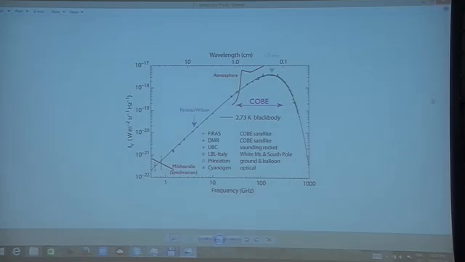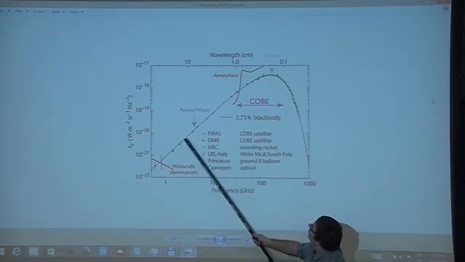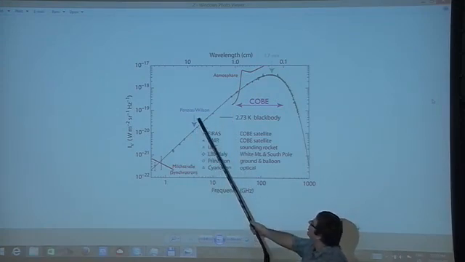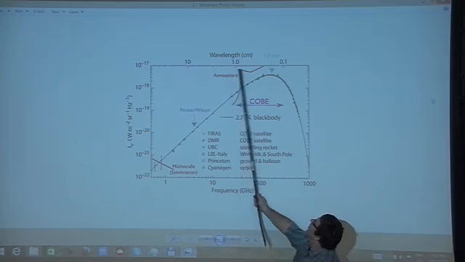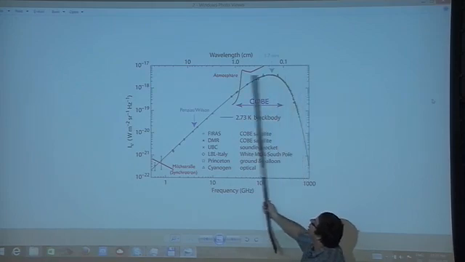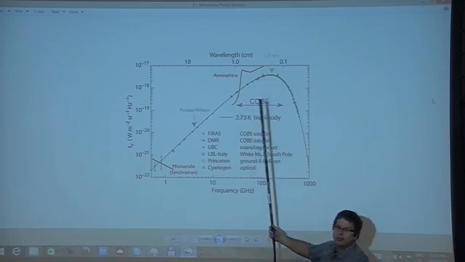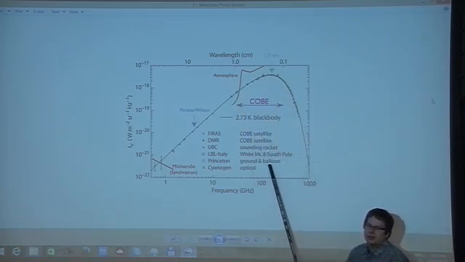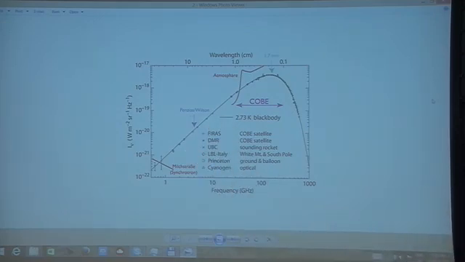In fact, when the CMB was first noticed, it was actually on this part of the curve, on a little tiny region over here, and that was the discovery, because everything up here is shielded by the atmosphere. So you cannot see the spectrum over here, because the atmosphere prevents you. So you need a satellite. That's why the COBE satellite was sent up there and measured all these points. But from Earth you basically get this part, and it was done by Wilson and these people, and they got a Nobel Prize for that. And it was all discovered by mistake, of course.